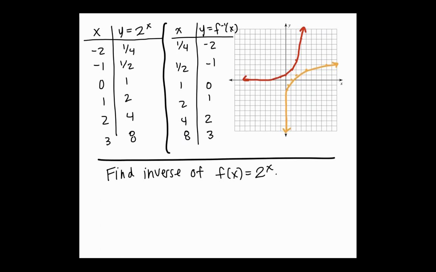I'm going to do the same process: replace the f of x with a y, so y equals 2 to the x. What would I do next? Flip x and y. So I have x equals 2 to the y. And now at this point, we're going to get stuck.